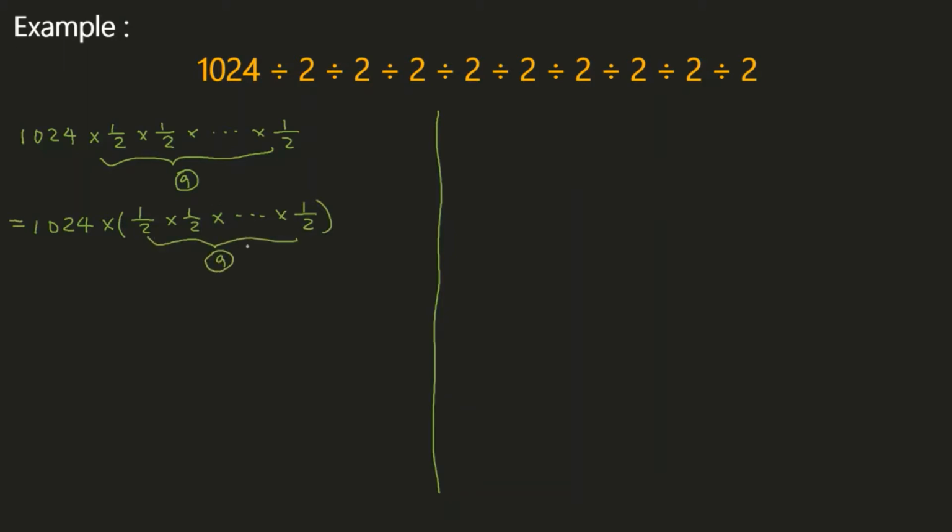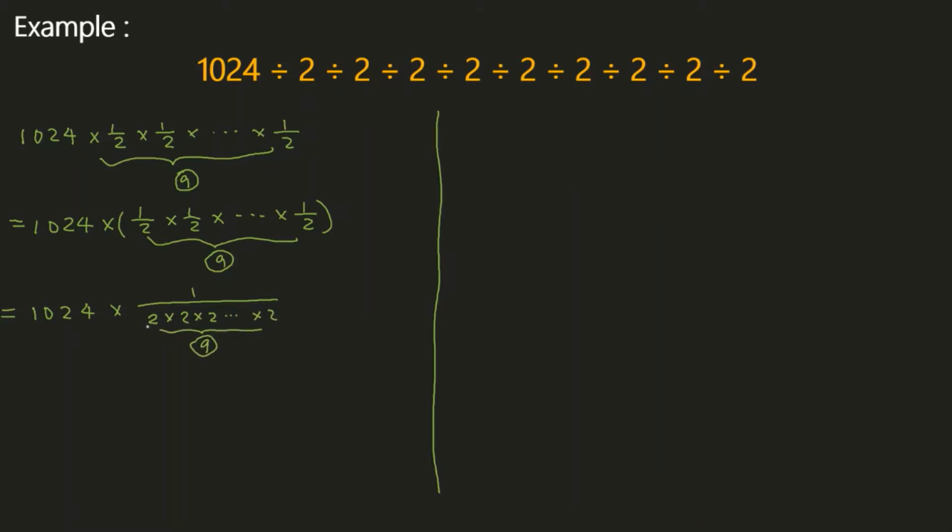So here inside the parentheses, we know that the product of a bunch of reciprocals is equal to the reciprocal of the product. So the expression can be rewritten as 1024 multiplied by 1 over the product, which is 2 times 2 times 2, 9 times. Okay.